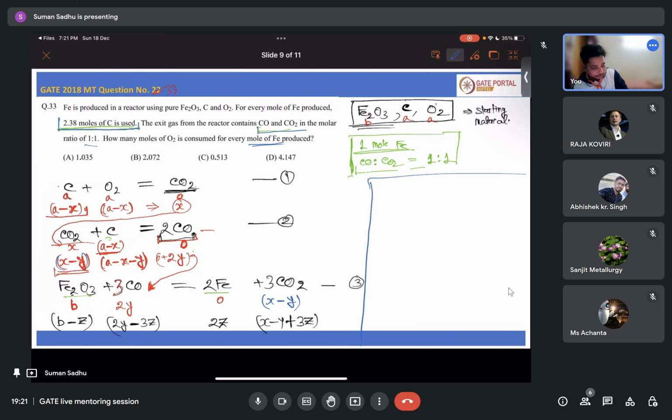Iron, 1 mole. 1 mole of iron is producing. So from this reaction, how many mole of iron produced? 2Z. Right, 2Z is produced, and in the question it is said that 1 mole is producing. So that means 2Z is equal to how much? 1. That means Z is equal to 1 by 2.